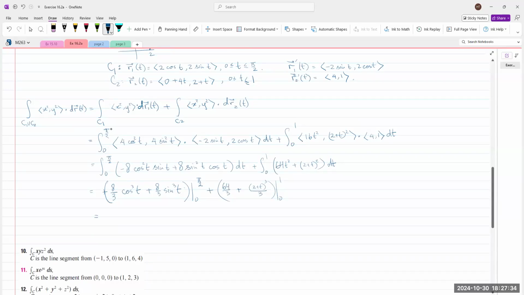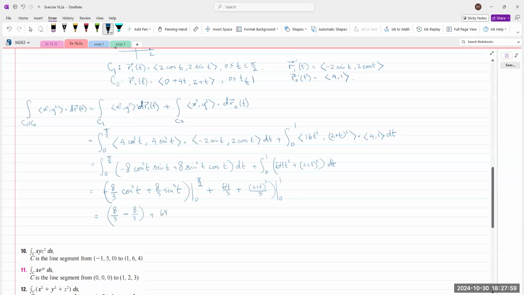When t is pi over 2, this is 0, minus 8 over 3 again. Oh, okay. Plus, oh, this is already done.